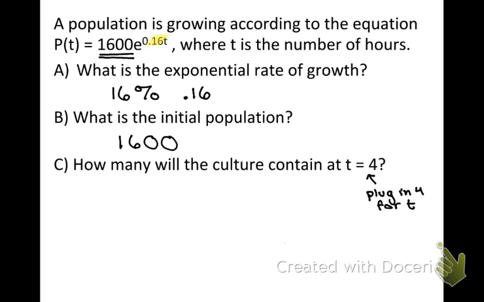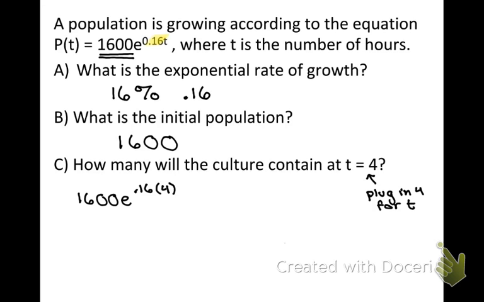So we are going to have 1,600 times e to the 0.16 times 4. And this is something we're going to have to go back to our calculator for. We're going to have 1,600, second ln, so we get that e to the something, 0.16, there we go. I was typing a negative in my calculator on accident, times 4.